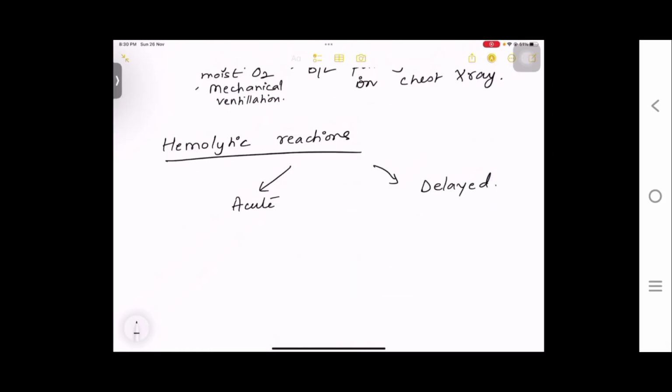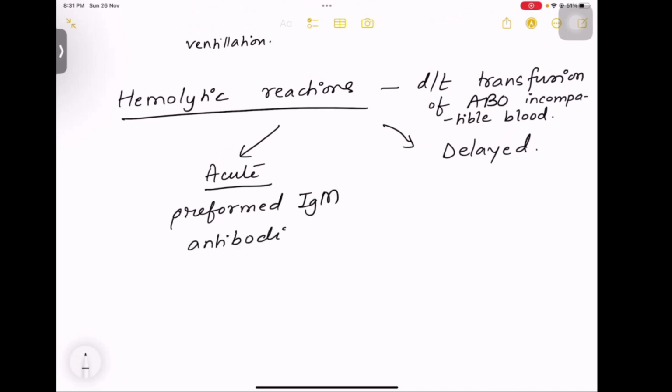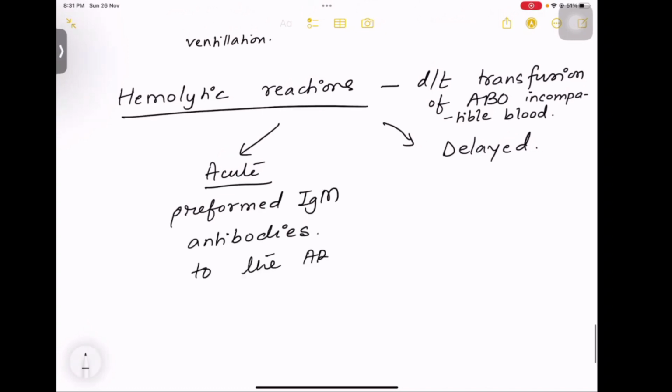Let us move on to the fourth complication, that is hemolytic reactions. This hemolytic reactions can be acute and it can be delayed. But why is hemolysis occurring? Because of the transfusion of ABO incompatible blood. Suppose you are an AB positive person and you've given me blood that is B positive person.